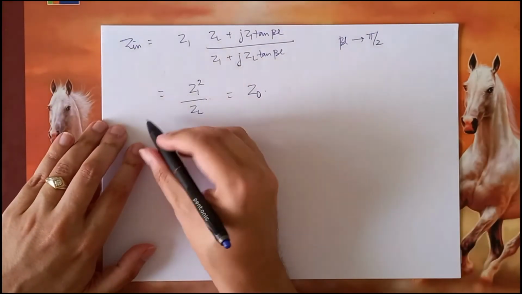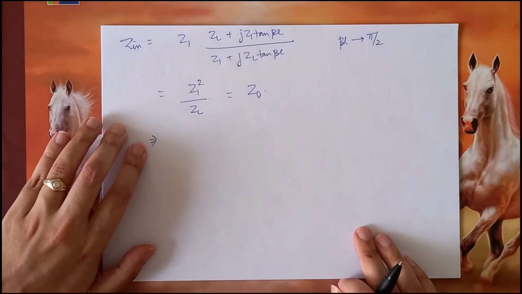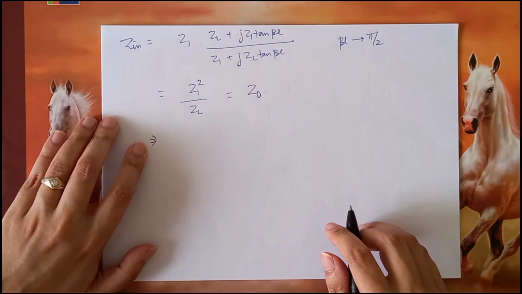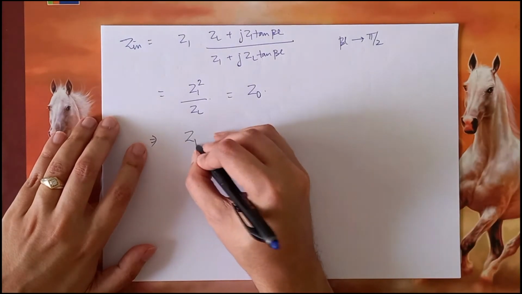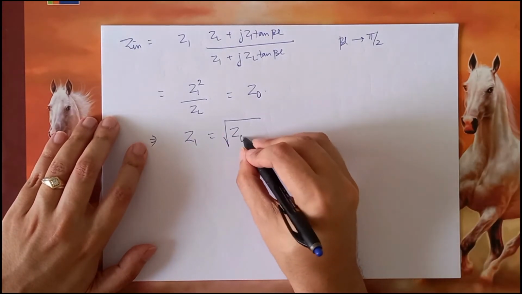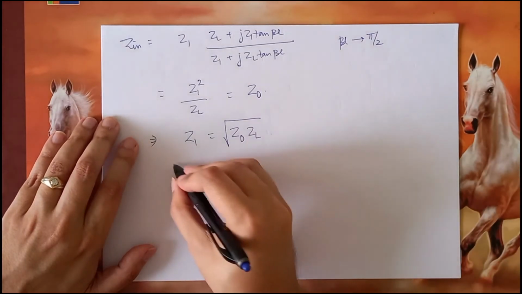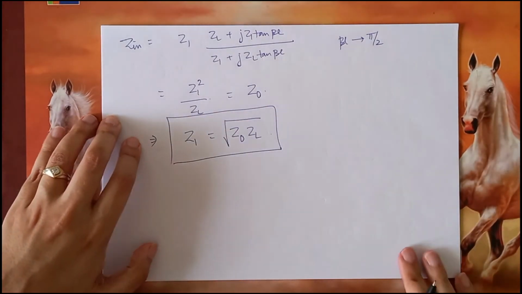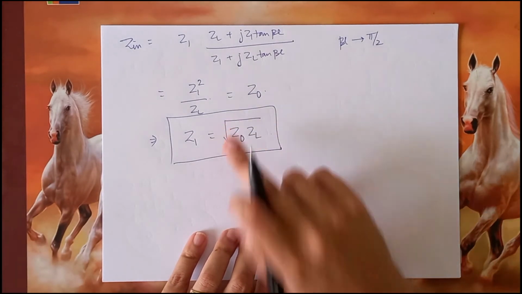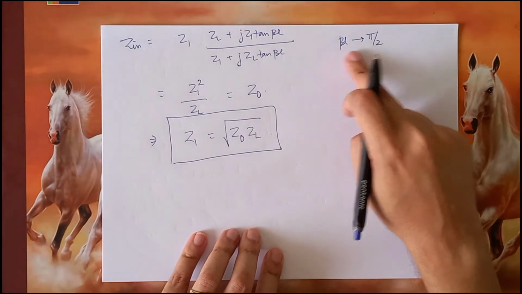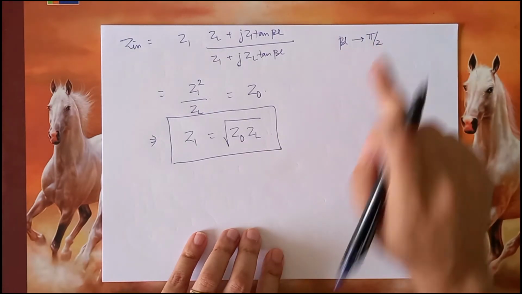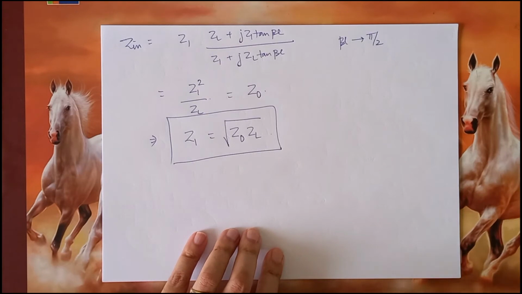So that means, what should be the characteristic impedance of that transmission line inside the black box? That means Z1 should be nothing but the geometric mean of Z0 and ZL. Now, this is the solution, but this will happen when beta L is equal to pi by 2.